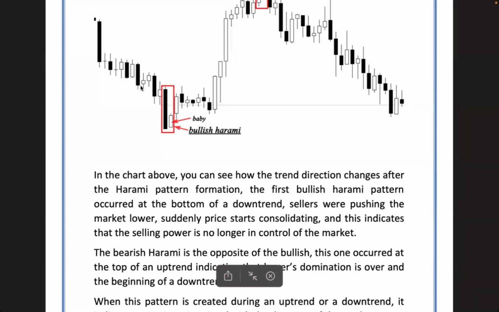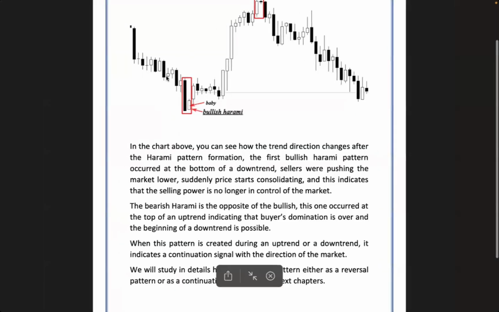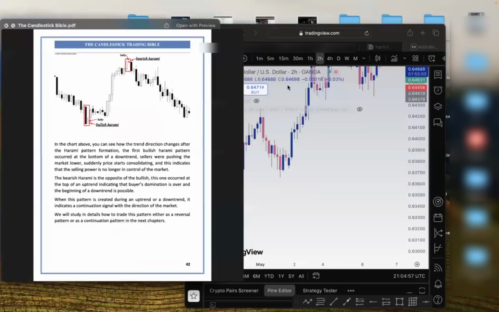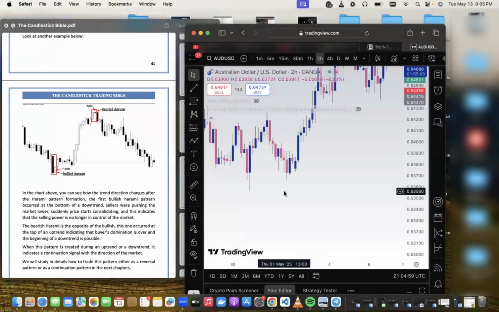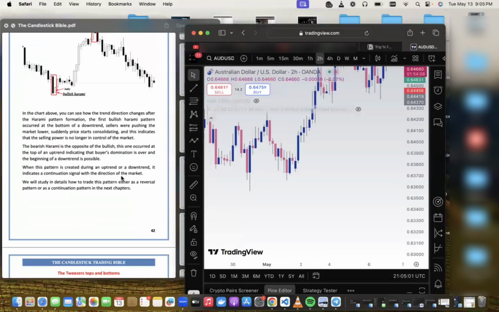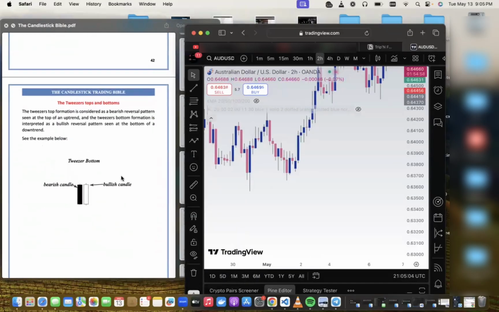So maybe this could just be a retracement. Once the candle closes, it can signal the end of the retracement move, and that's how it can be a signal for continuation. Do you understand? I don't know if you get it, but you will when we do the market structure. Okay, so that's for the harami.